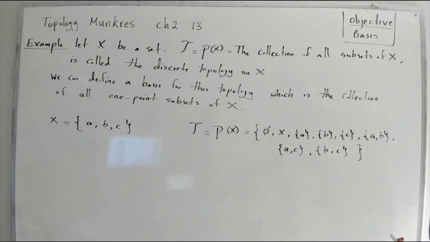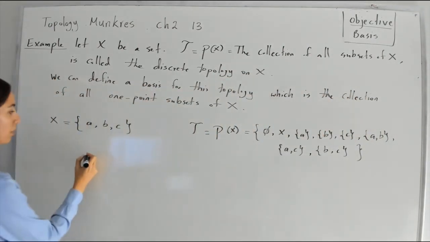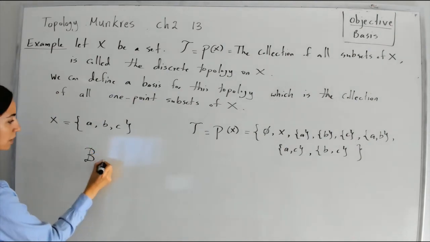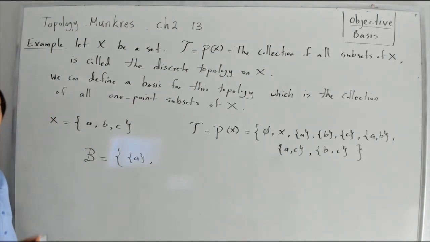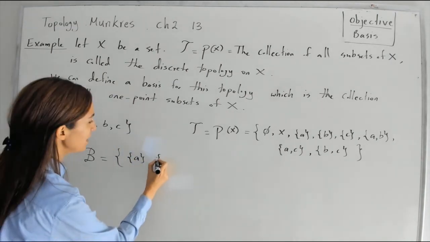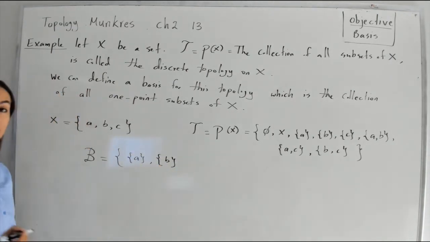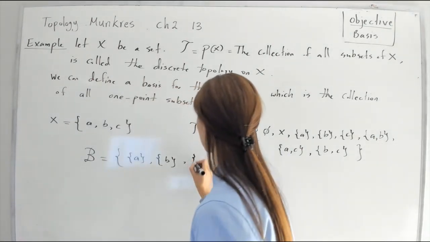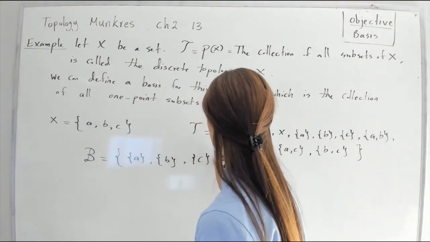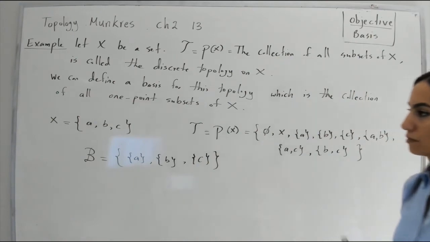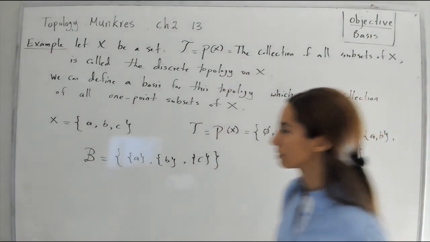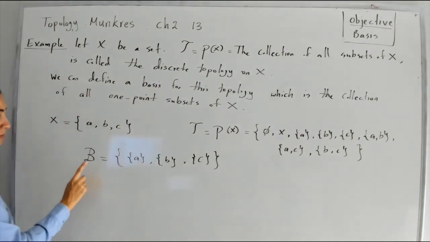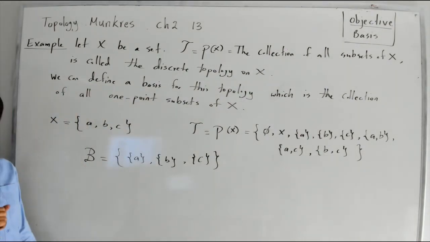This is our topology. The basis for this topology is going to be the set including A, the set including B, and the set including C. As you can see, the cardinality of the basis is the same as the cardinality of set X.